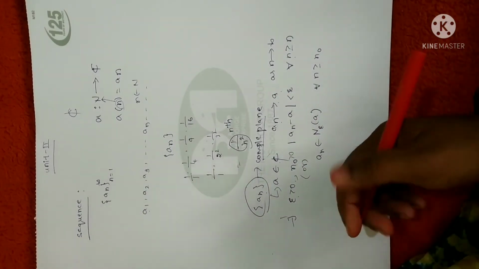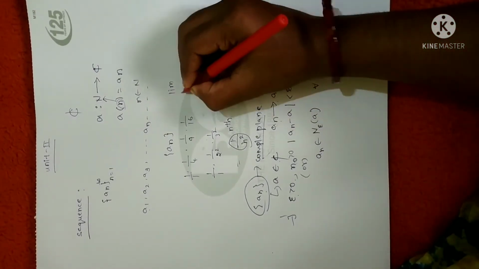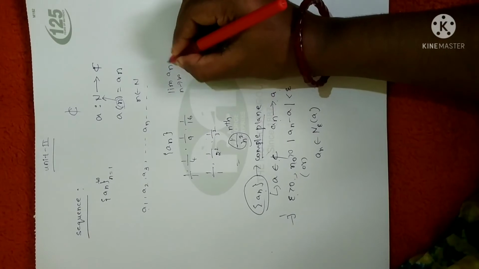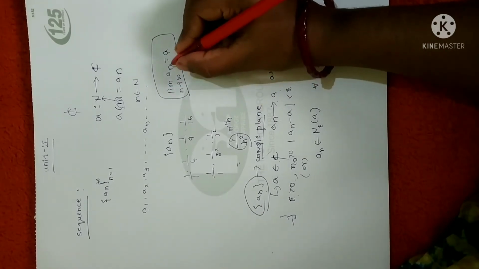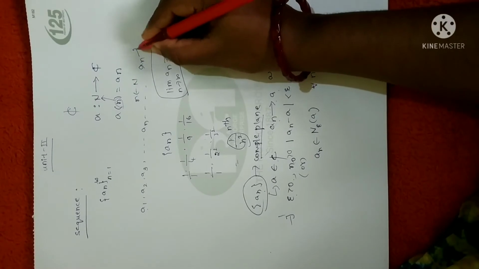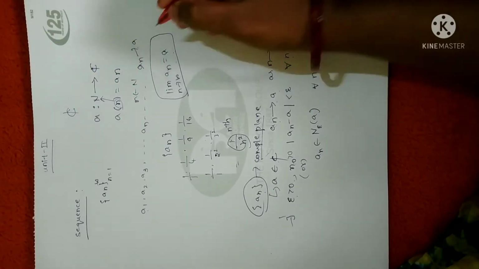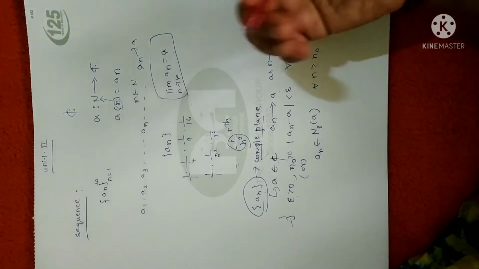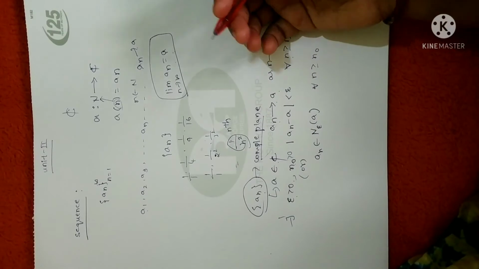And now let me say some key points for you to remember. Suppose I have limit n tends to infinity of an equal to a, then we write this as an converging to a. If an is converging to a, we can write limit n tends to infinity of an is equal to a. This is the basic definition which you already studied, just a recapitulation. The second one is that a sequence which has a limit is said to be convergent.